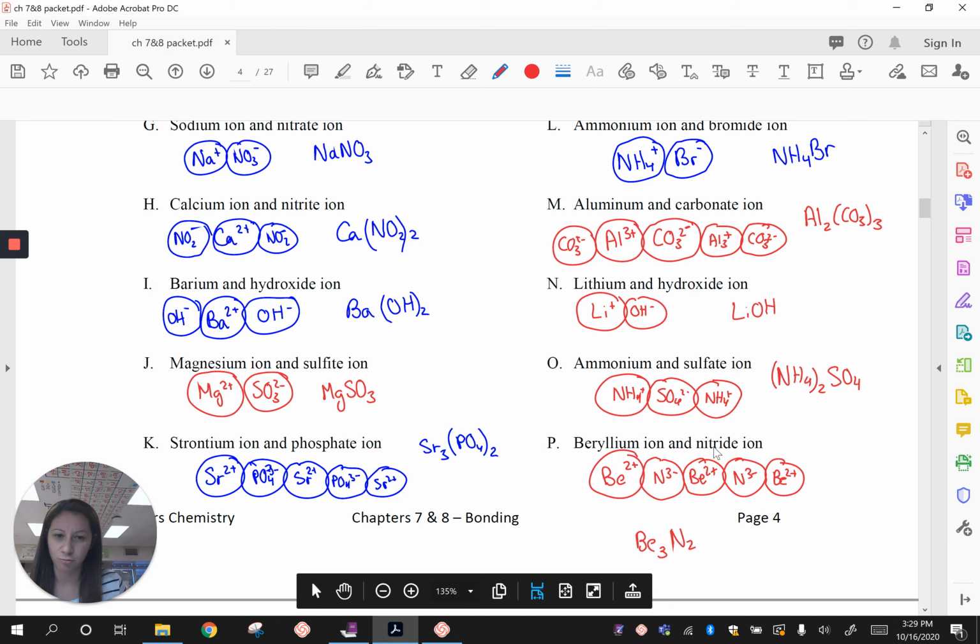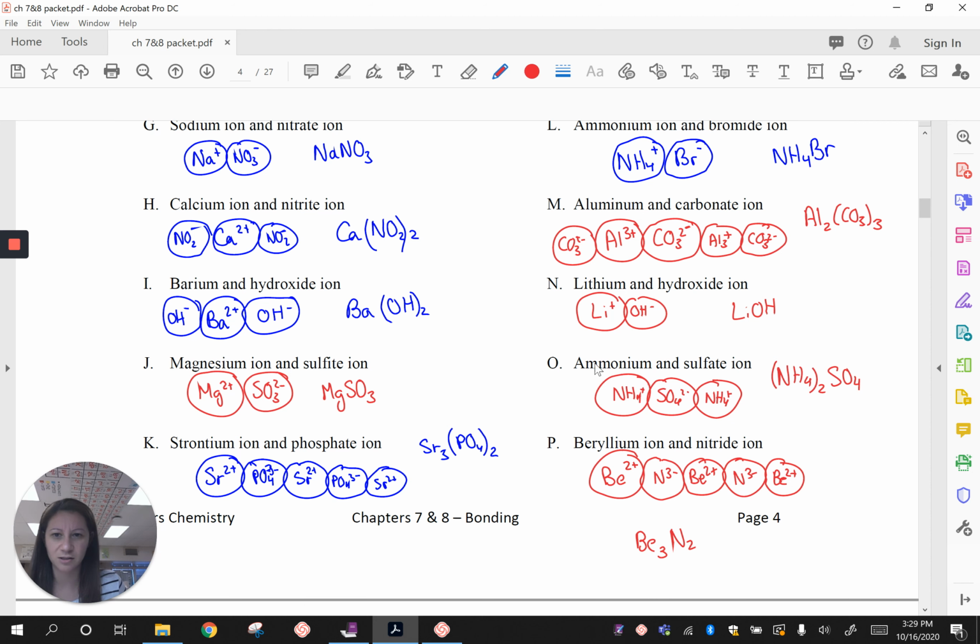Now, it might have been a little challenging trying to figure out, like this one. That's just nitrogen, right? It's hard to tell what is nitrogen, like N3 minus versus NO3 minus versus NO2 minus, so which one's which? So here's a little clue. If it ends with ate or ite, then it's definitely a polyatomic ion, and you get it from the back of the periodic table. So nitrate, nitrite, those are definitely polyatomic ions.